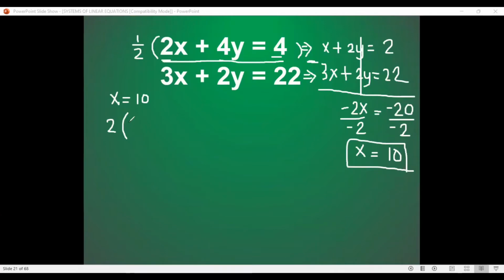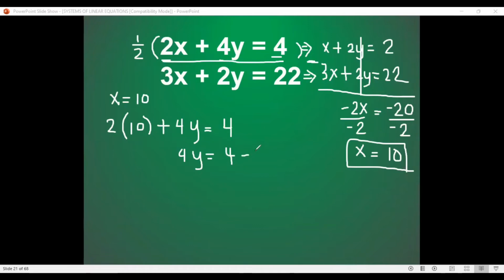So 2x, and x happens to be 10, so 2 times 10 plus 4y is equal to 4. Okay? And using your idea on solving an equation with one variable, we can leave 4y here. So 4y now becomes 4 minus 2 times 10, and that gives you a product of 20.